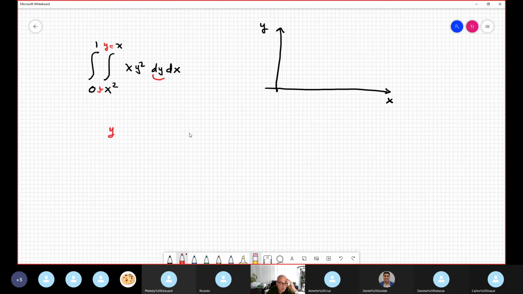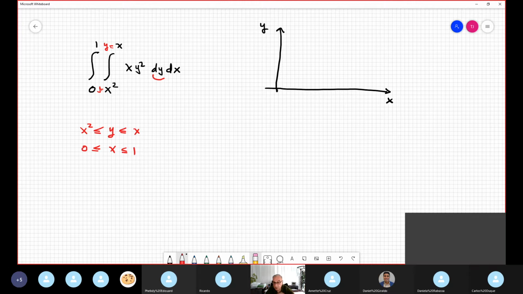Basically my y region of the integration is bounded between x squared and x. And x is bounded 0 to 1. Make sense or no? Okay, this is my region.